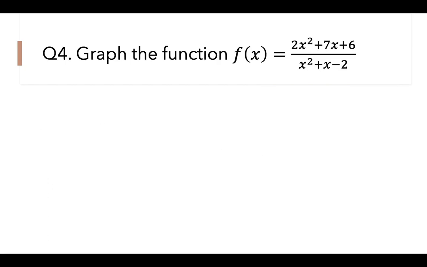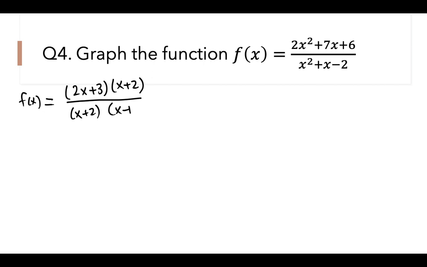Next, graph the function. It looks a little bit complicated now, but that's okay. We want to factor as much as possible. For the numerator, I'm going to do a trinomial using decomposition. If I were to factor, it's going to be 2x plus 3 times x plus 2. And for the denominator, if I were to factor, it's going to be x plus 2 and x minus 1. As you can see, you have the same thing.